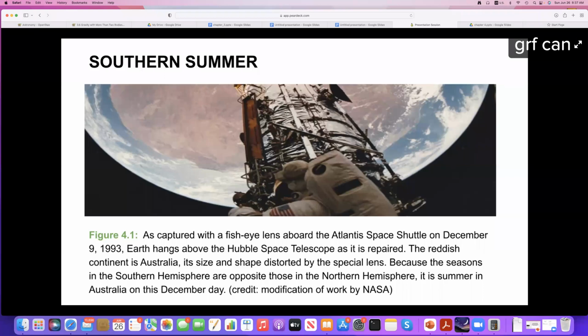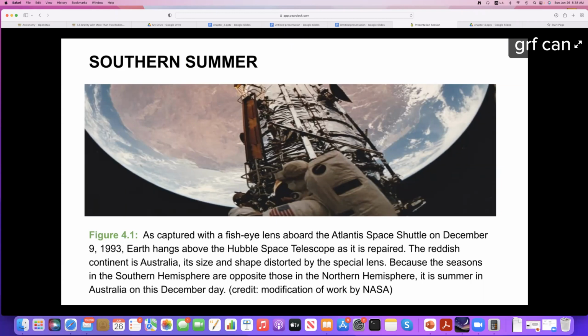A fisheye lens is a lens we sometimes use in photography to give a different appearance or shape to your photos. The similar situation happens here. You are looking at Earth from space, and its shape is a little bit different, but that is just an effect of the lens that they used.